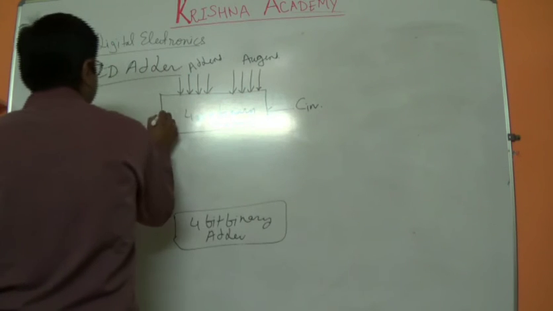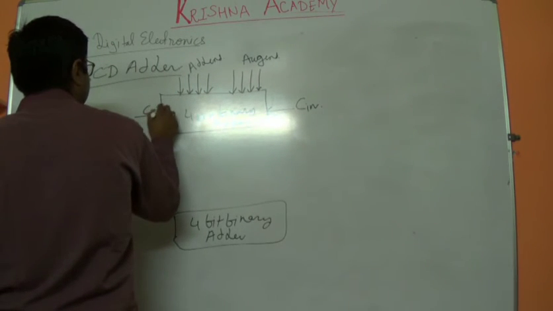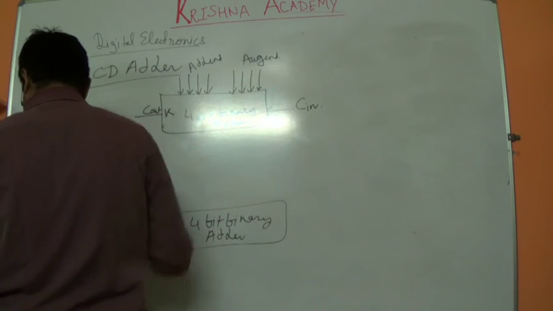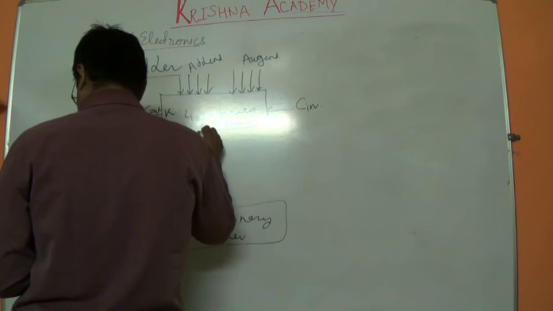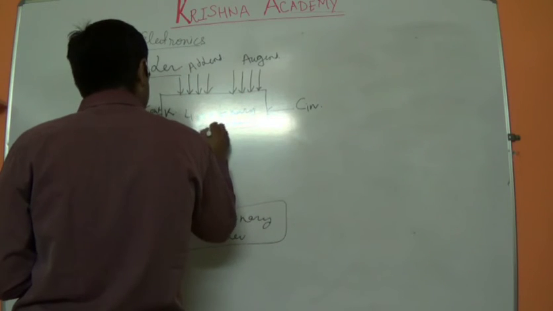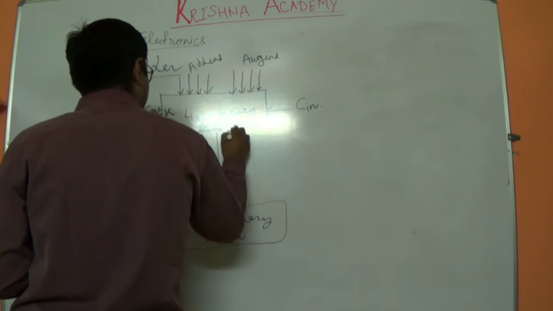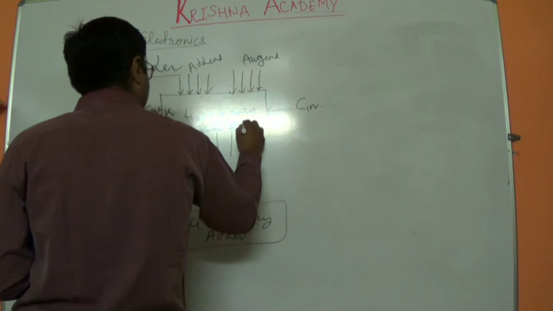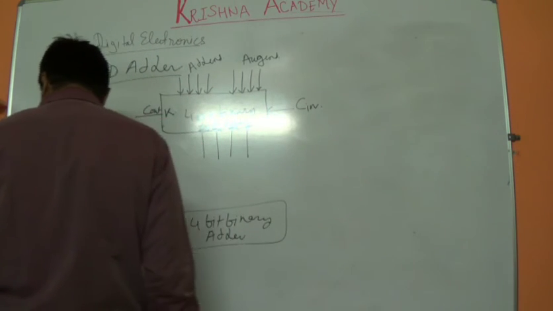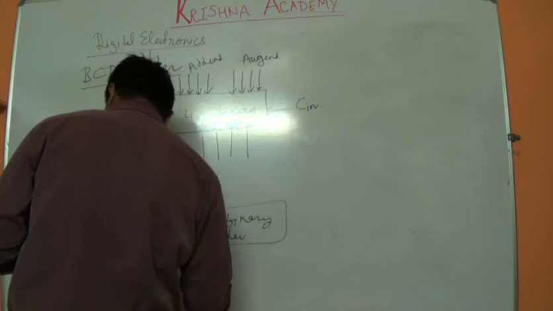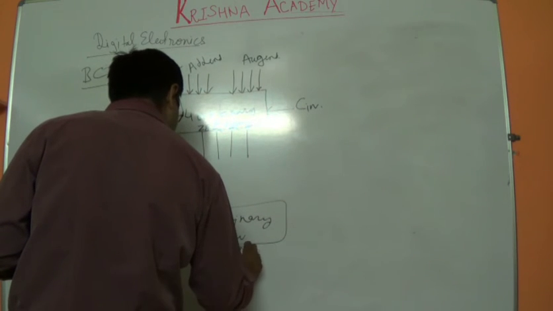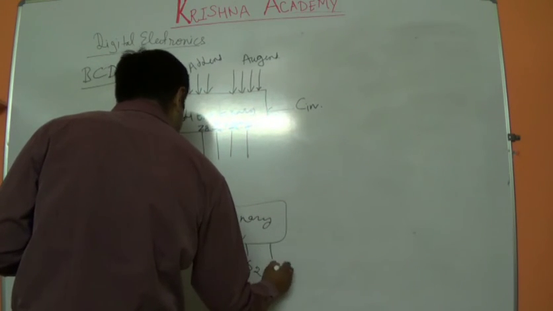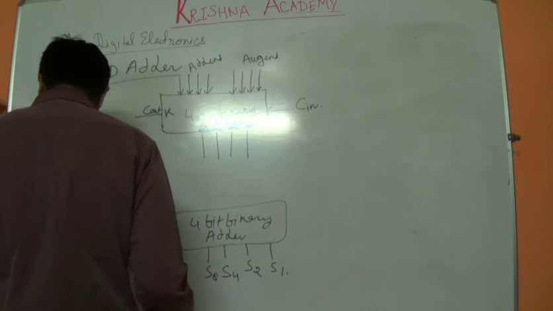and the carry output, C out, is shown as K, and the output of this one, Z8, Z4, Z2, Z1, is provided there, and S8, S4, S2 and S1 are provided there.